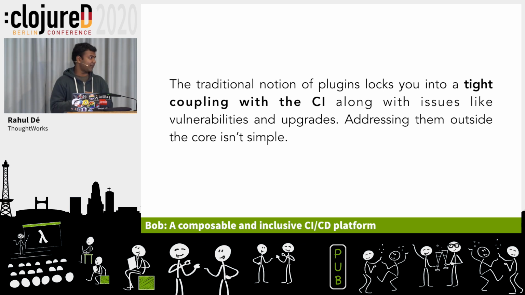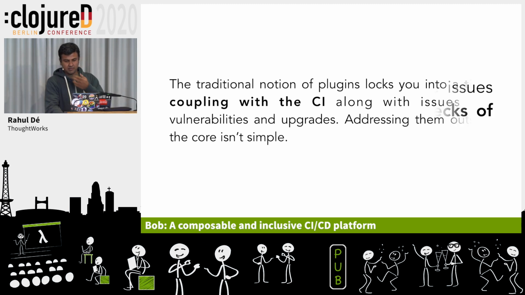We have a pretty tight coupling with the CI when we go for something that has its own set of plugins along with it. The traditional notion of plugins is we load things into the CI, we build it along with the same CI, or load it into the same process. But what if the plugin has problems? What if you want to upgrade the plugin itself? Can we solve these problems outside the CI core?